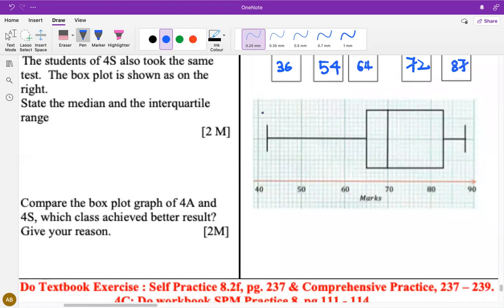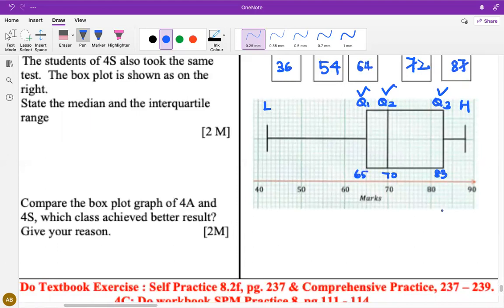So for the median, we just list down: this one is L, H, Q1, Q2, Q3. So you need these 3 pieces of information. Q2 is the median, that is 70. Q3 is 80. Correct? And then Q1 is 65.